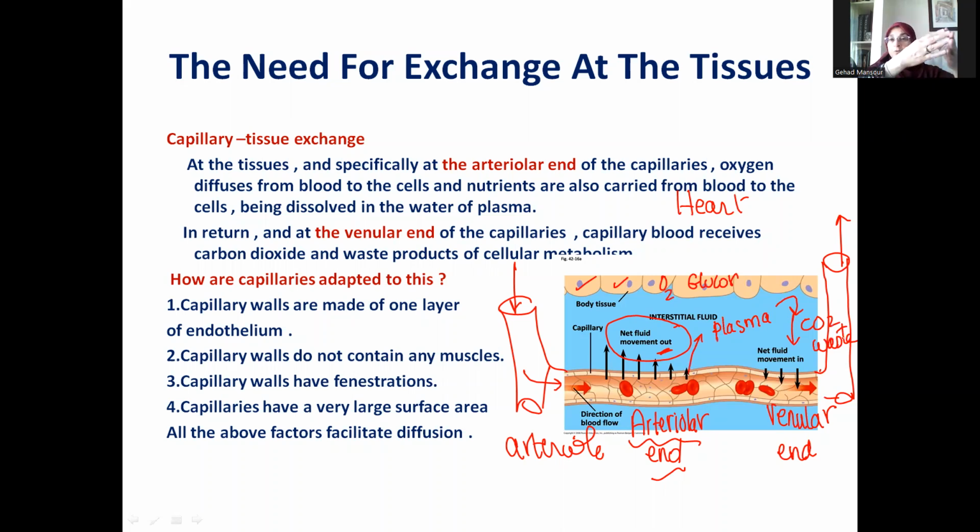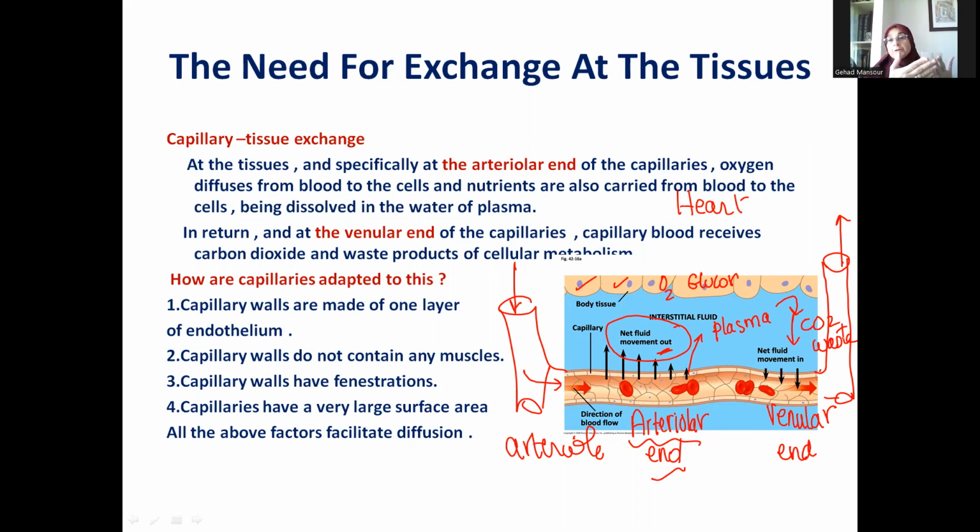The blood is giving out oxygen and nutrients, things that are useful to the cell. The cell uses oxygen and glucose to break down the bonds of glucose and release energy. But unfortunately, there are waste substances like carbon dioxide and others.